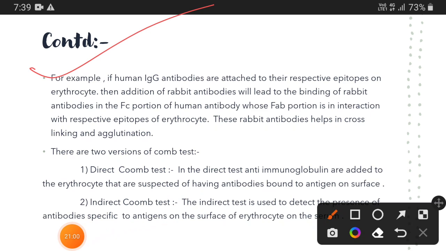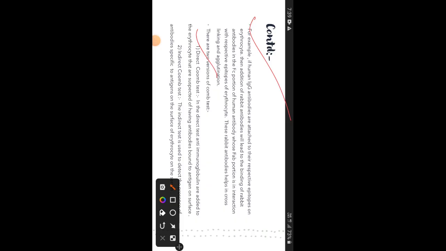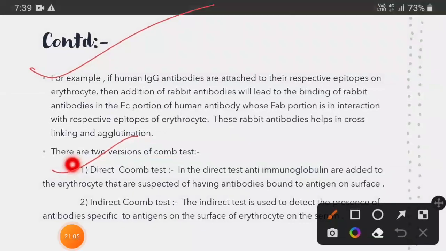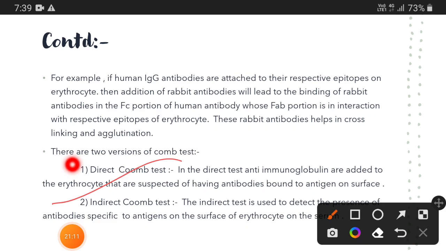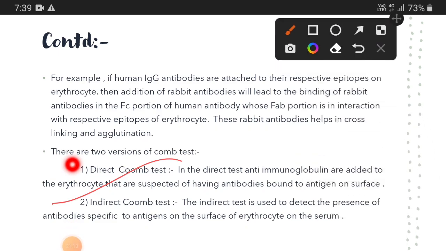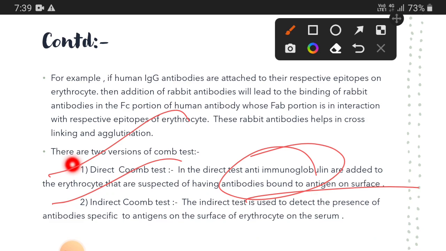So here I have provided examples of the direct Coombs test and indirect Coombs test. In the case of the direct Coombs test, we are adding anti-immunoglobulin to erythrocytes suspected of having antibodies bound to their antigen on the surface.